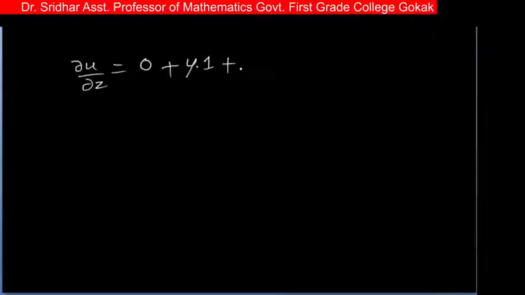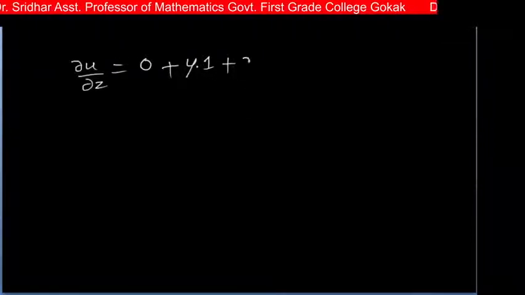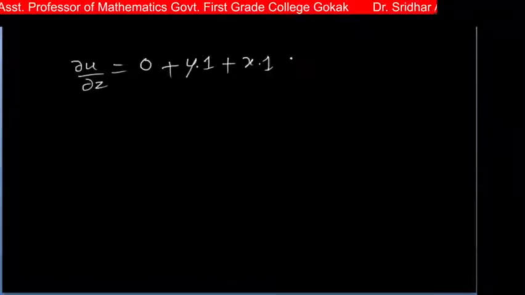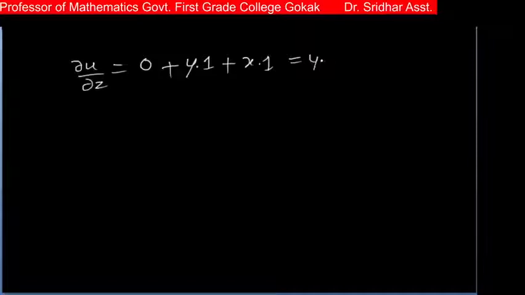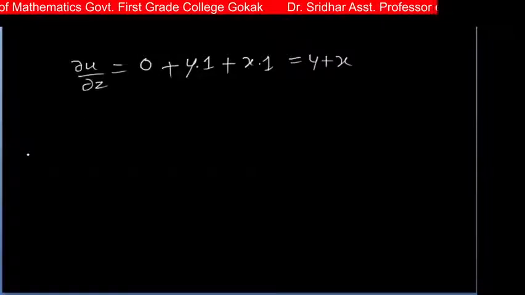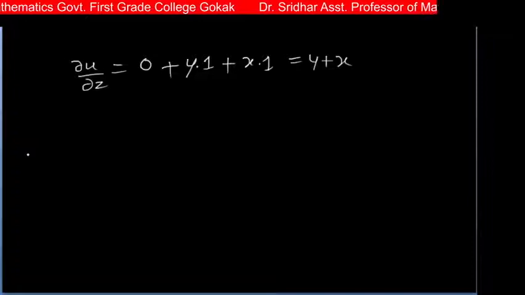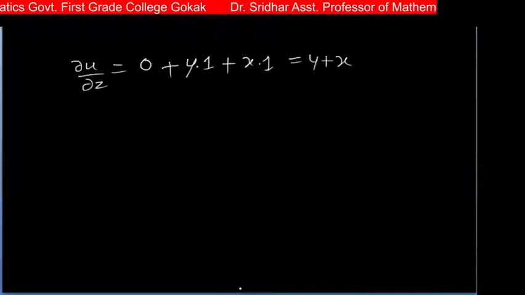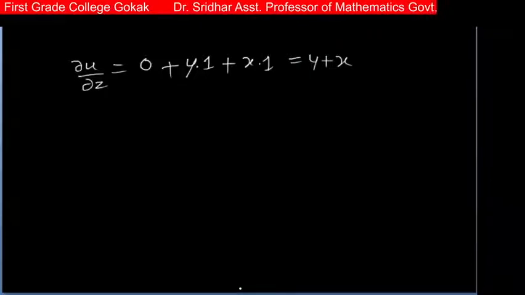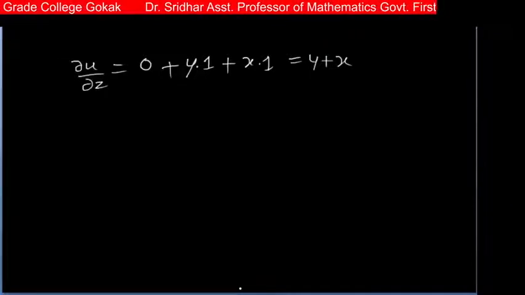Then plus zx, again x is constant, differentiation of z with respect to z is 1, which is equal to y plus x. Okay, so this is how we obtain partial derivatives ∂u/∂x, ∂u/∂y and ∂u/∂z.